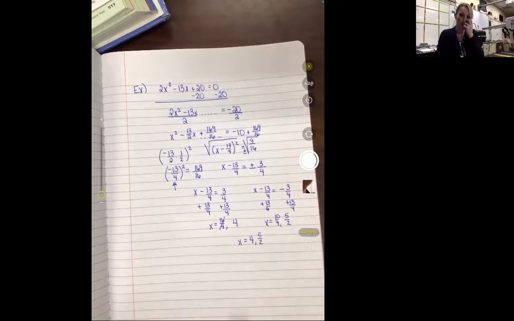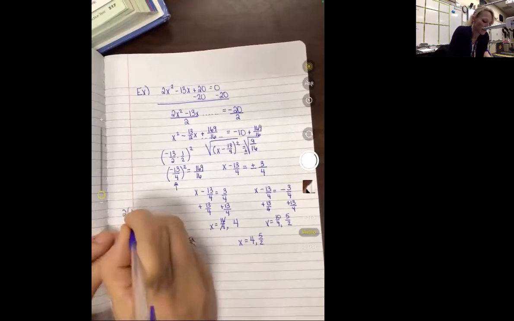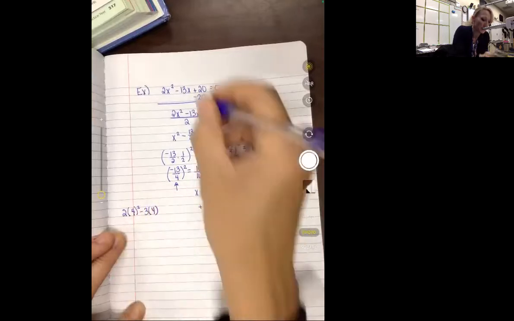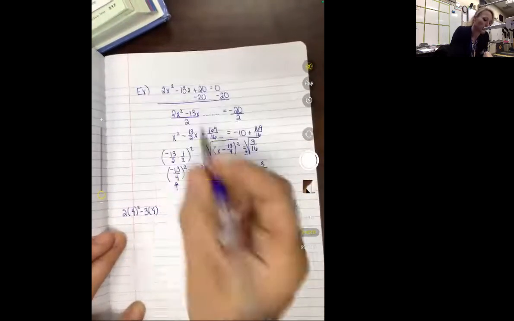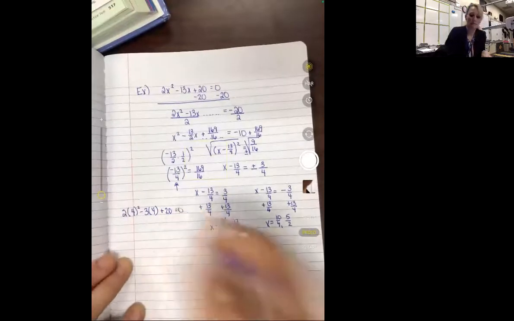Now, if you want to know if your answers are correct, you can plug these back in and find out. If I wanted to double check, I could do 2 times 4 squared minus 13 times 4. All I'm doing is plugging them back into my original equation up here, plus 20, and that should equal 0.